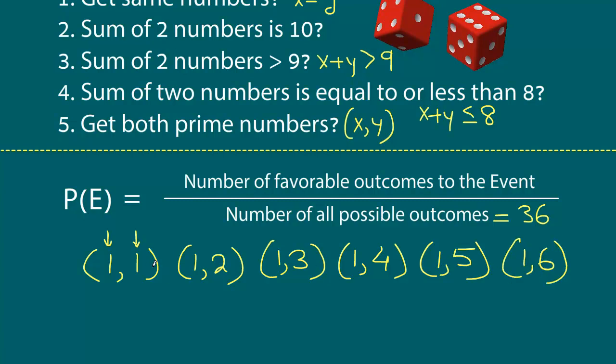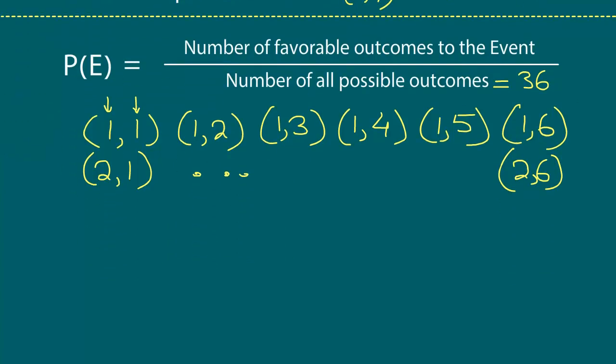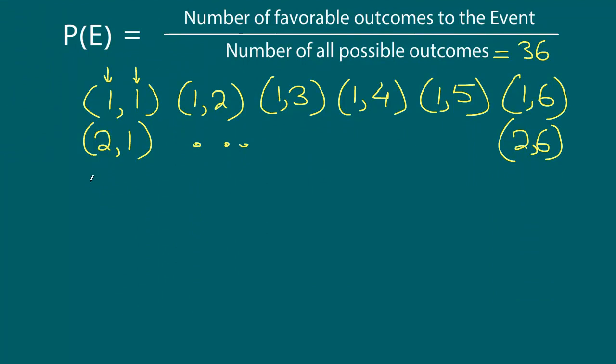So here we have 6 outcomes where the first dice is showing 1 and the second dice has all these values. So similarly, for dice 1 we can get this and dice 2 can be this, and then similarly we will get all of this and here we will get 2, 6. So similarly we can have 3, 1, 3, 2.